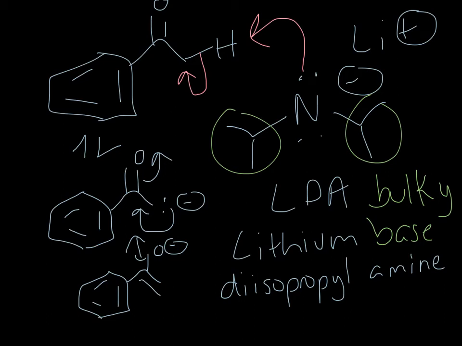In this case, because of this strong base, the equilibrium lies in that direction, towards the enolate ion. So if I want to get a large number of enolate ions in solution, I need to use a stronger base. I use a bulky base in this case so that I can avoid having it act like a nucleophile and attack the carbonyl carbon. So that bulky base is a strong base, and it converts almost completely to enolate ion.